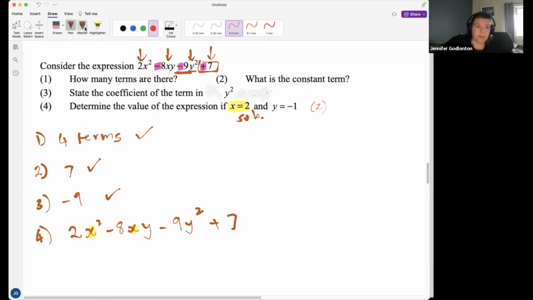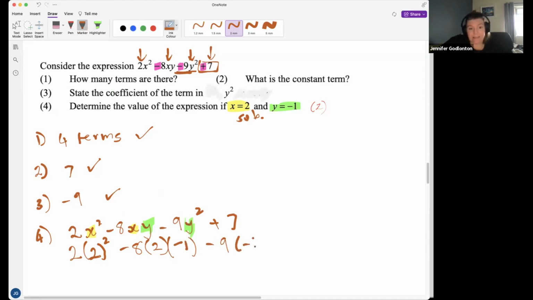So this is going to be 2, open brackets, 2 squared, minus 8 times 2. And where I have a y, I'm going to write -1. Okay, so times -1 minus 9 times -1 squared plus 7.